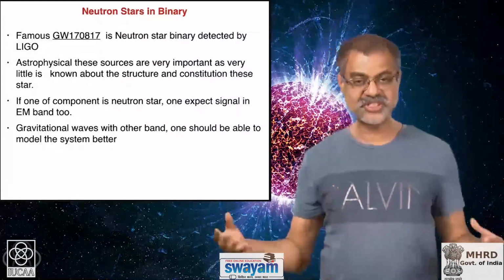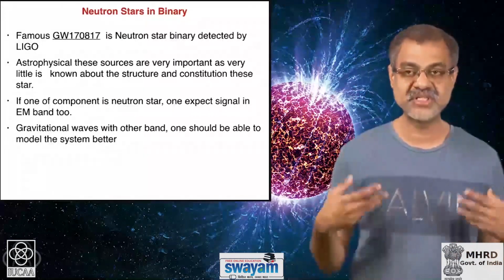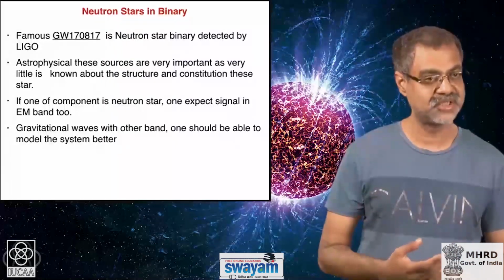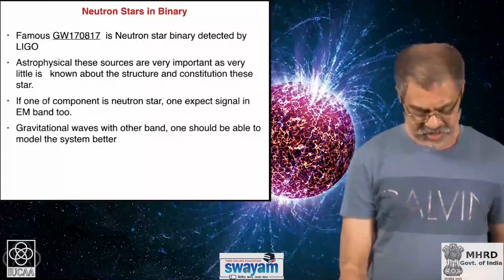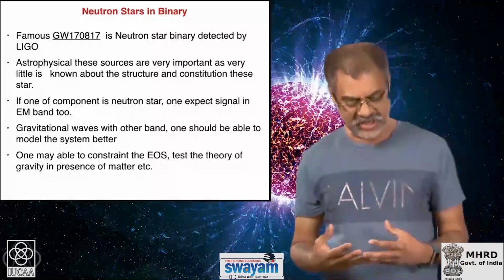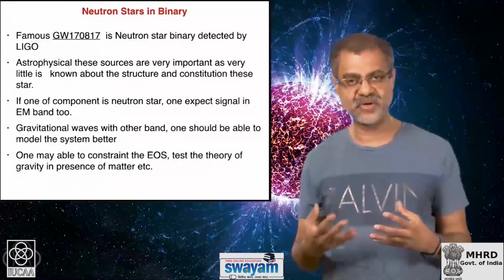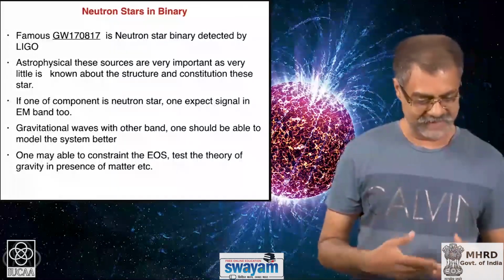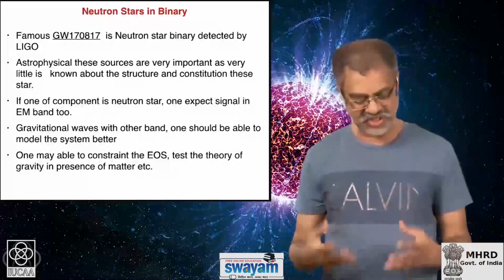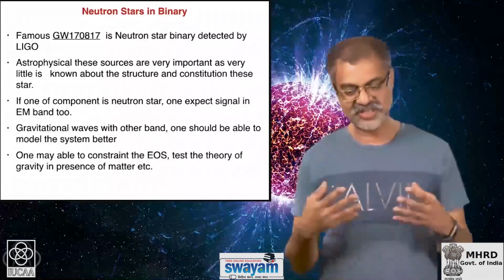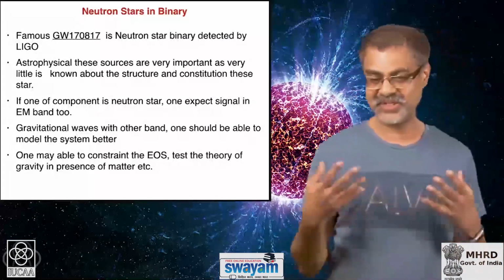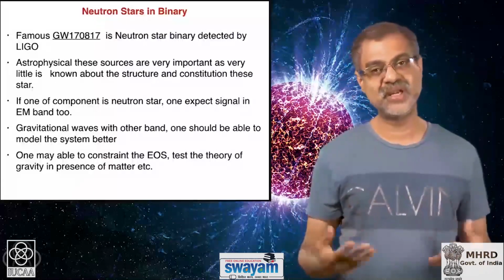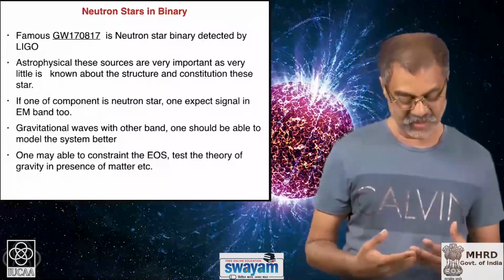One can model the system and understand what is inside the neutron stars. So, that is still a mystery. What we call is the equation of state, or what the neutron star is made up of. It is based on various models. There are various relations between what is astrophysically observable and what cannot be observed.